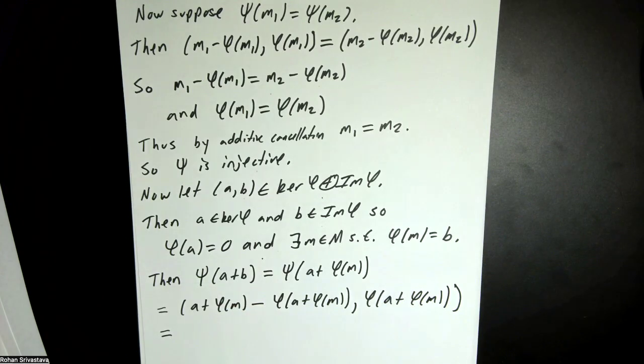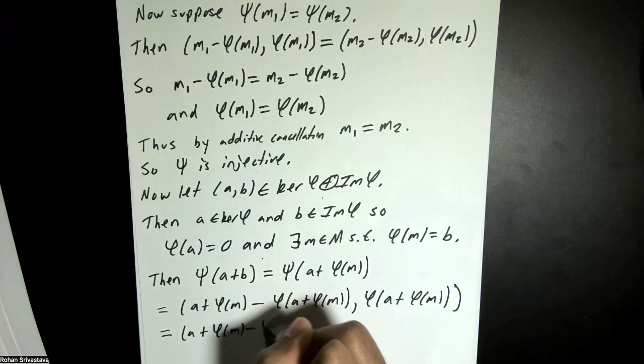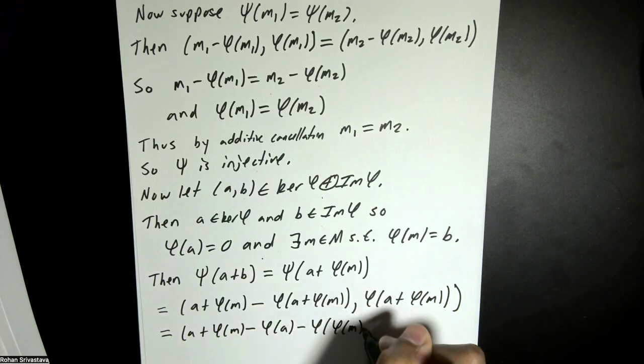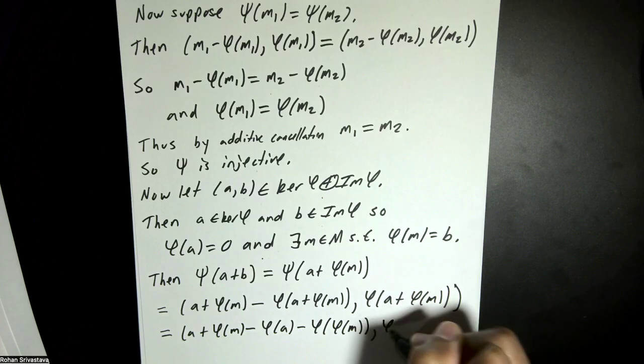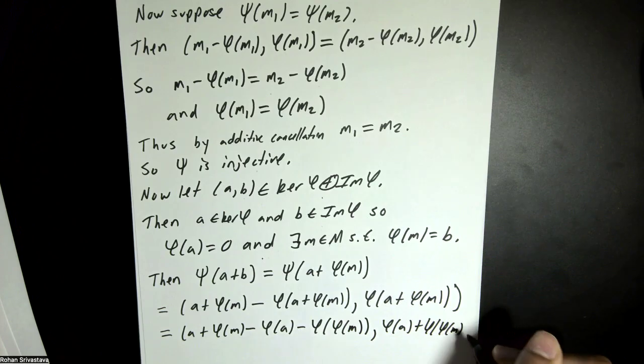And that will be equal to A plus phi of M minus phi of A minus phi of M, comma, phi of A plus phi of M, close, close, one more close.